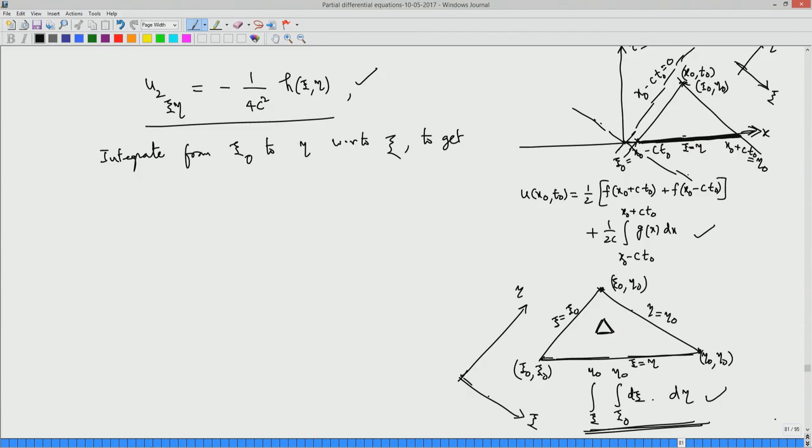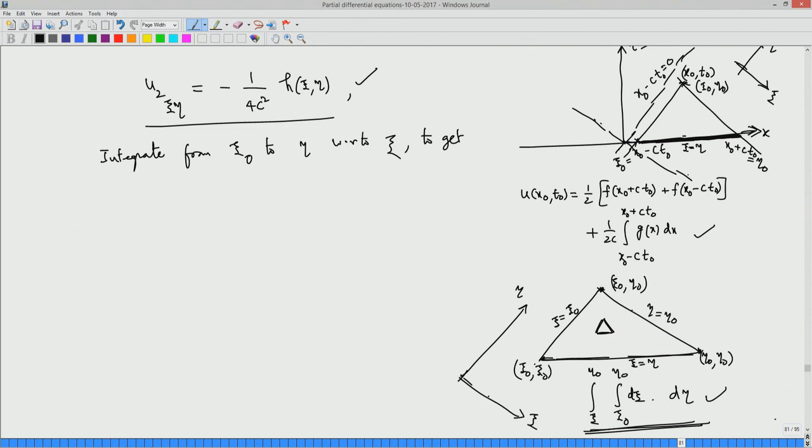So, what is your xi? You are in this coordinate system, xi and eta. Xi is varying from this line, this is the xi line, xi equal to xi naught, that means this is your eta axis.